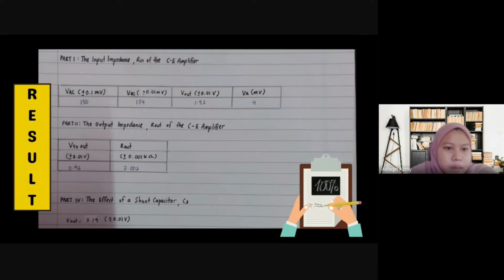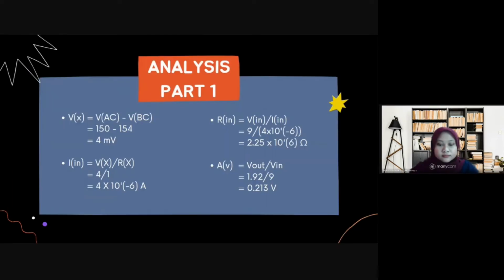From part 2, the output impedance Rout of the CE amplifier that we measured: from the table, Vout is 0.96, Rout 2.002 kilo ohm. From part 4, the effect of a shunt capacitor C3 is Vout equal to 3.19 volt.